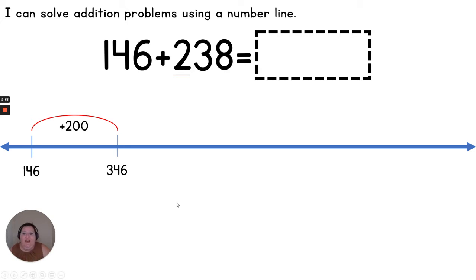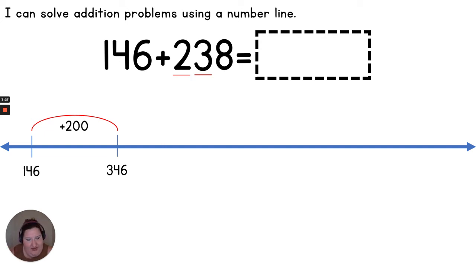Now, let's look at the tens place. We have 3 10s: 10, 20, 30. 3 10s is 30. So we are going to add 30 to this number. So far, I have 346. I have a 4 in the tens place, and I'm going to add 3 more 10s. If I know 4 plus 3, then I can use that, right? 4 10s plus 3 10s.